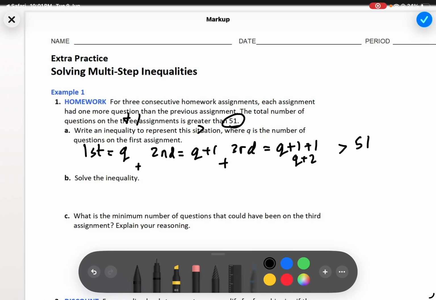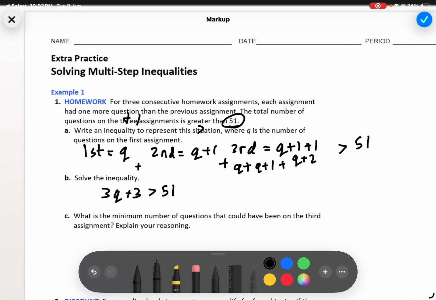So to make an inequality out of this, we do Q plus Q plus 1 plus Q plus 2, which is greater than 51. Combining all of them, we get 3Q plus 3 is greater than 51. And that's the answer for part A.